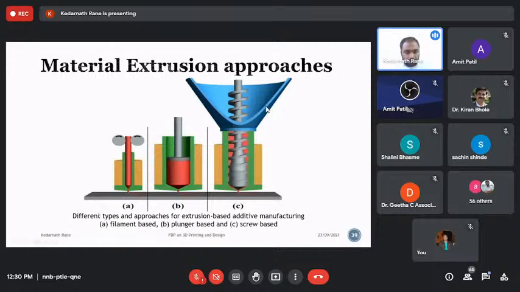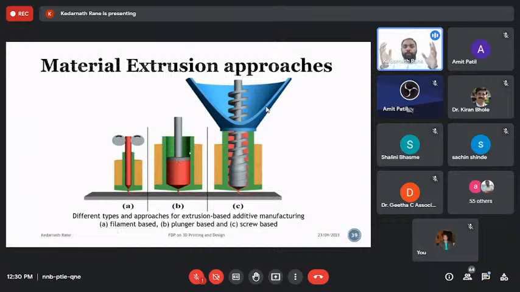We have some filament systems which are in place. After manufacturing of the feedstock, you can extrude the filament, store it in the form of a spool, and use it for the extrusion system. We can also go for the plunger system. I can show you the plunger system that I used in my previous research.